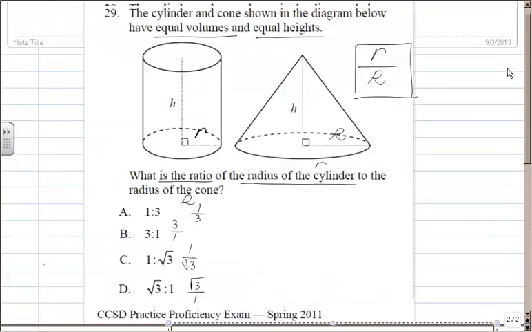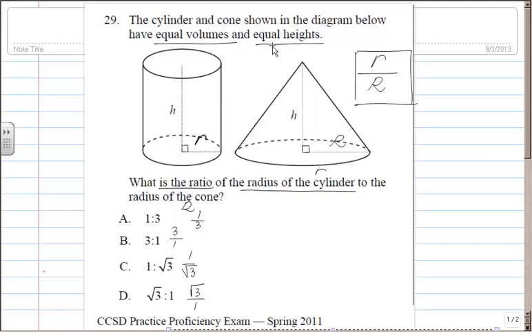And let's go back to our problem. The problem says that they have the same volume. So what I'm going to do first is to write the volume for your cylinder. And the volume of your cylinder, if you remember from the formulas I just showed you, are what? The area of your base multiplied by the height.